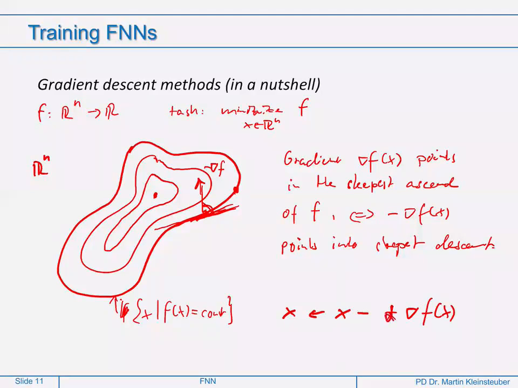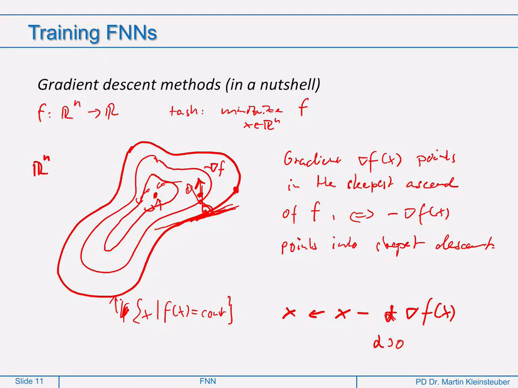Here, alpha greater than 0 is a step size, and that leads you always going downhill. Hopefully your value here is smaller than the other one, and then you go downhill again, and you would approach your minimum slowly, but good enough.